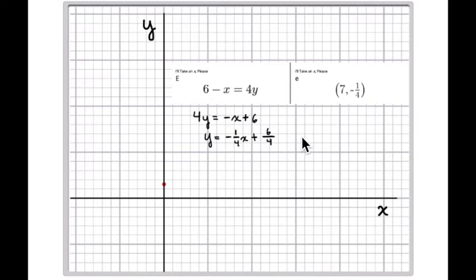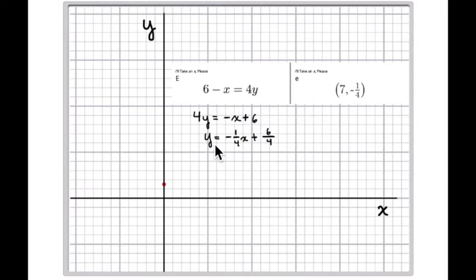So let's see what the graph looks like. So I'm going to use the slope-intercept form. So I'm starting here. I'm putting the 4y on the left side. This is a negative x plus 6 on this side. I changed this from subtracting a positive x to adding a negative x, and this moved it over. So it's a negative x plus 6.